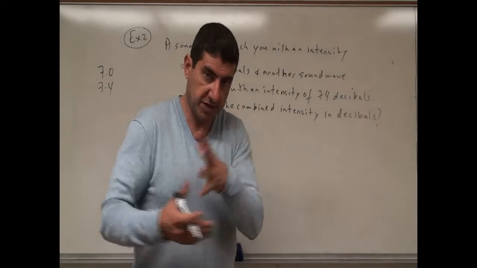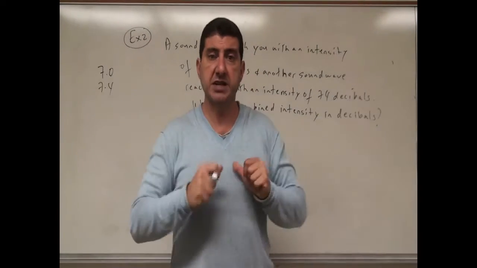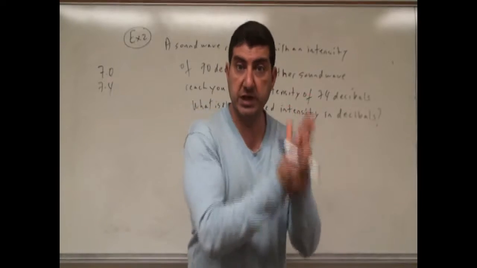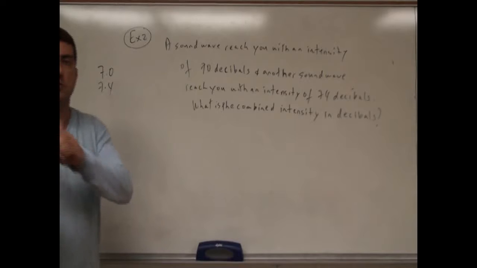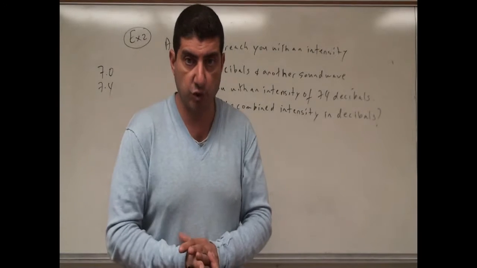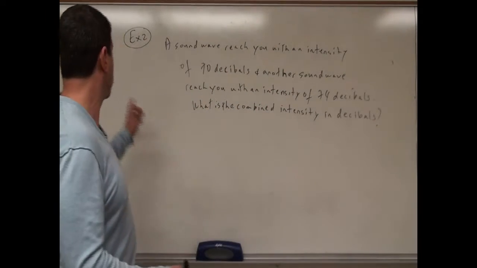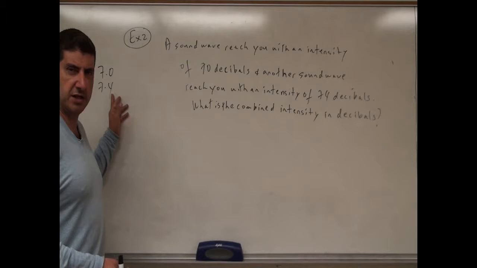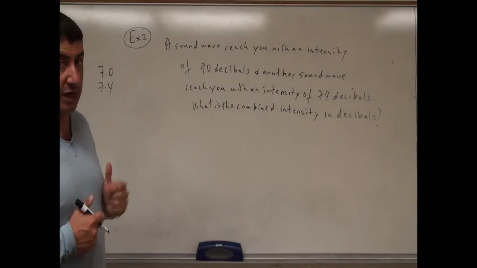So the sound source, whatever its intensity was, released, and then when it reached you, it was already at 70 decibels, right? Same thing. Let's assume an earthquake, its original intensity, whatever it was, by the time it came to you, it was 7.0 on the Richter scale, and then another one, 7.4, reached you simultaneously. What would be the combined effect? 14.4? So not really, right?